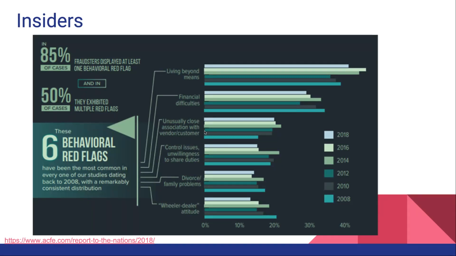Next is divorce or family problems. It's somewhat similar to the financial difficulties, right? And the last one is the wheeler dealer attitude. The wheeler dealer attitude is you disapprove of the way they try to succeed or to get what they want, often by dishonest or unfair methods.